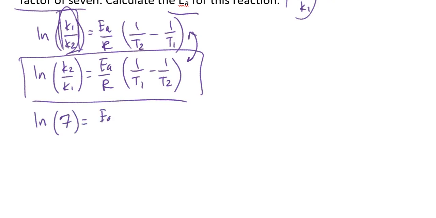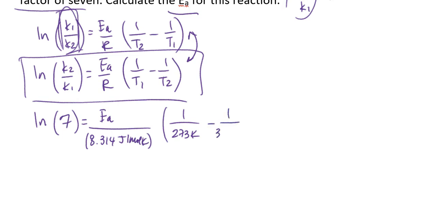That's going to equal the activation energy over R. R is 8.314 joules per mole Kelvin. And if I plug in the temperatures, that's 1 over 273 Kelvin minus 1 over 300 Kelvin.